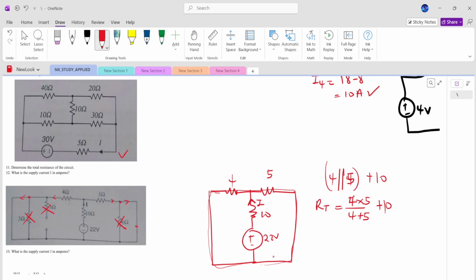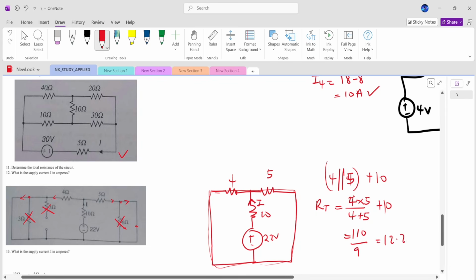So if I go around that loop, 4 and 5 are the only elements inside, so they are in parallel. Now it means my value is going to be 110 over 9, giving me 12.222, right?